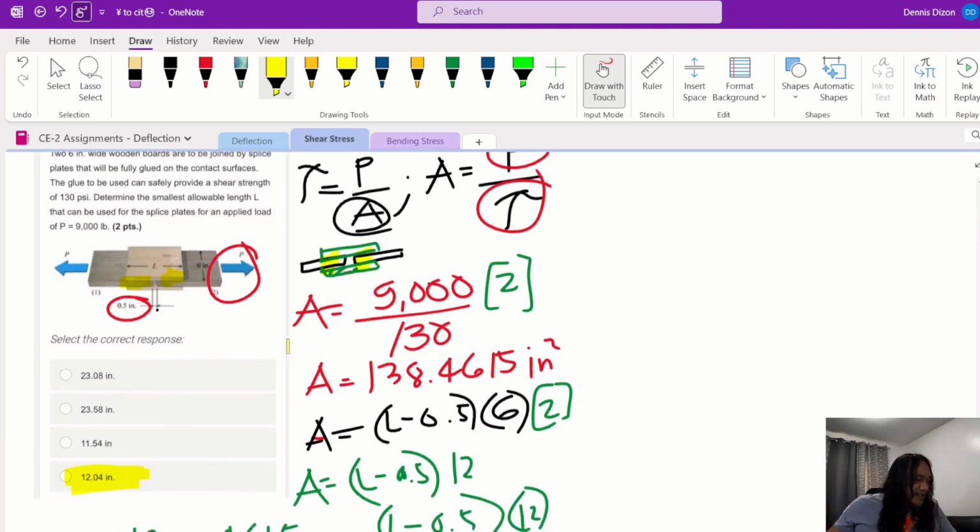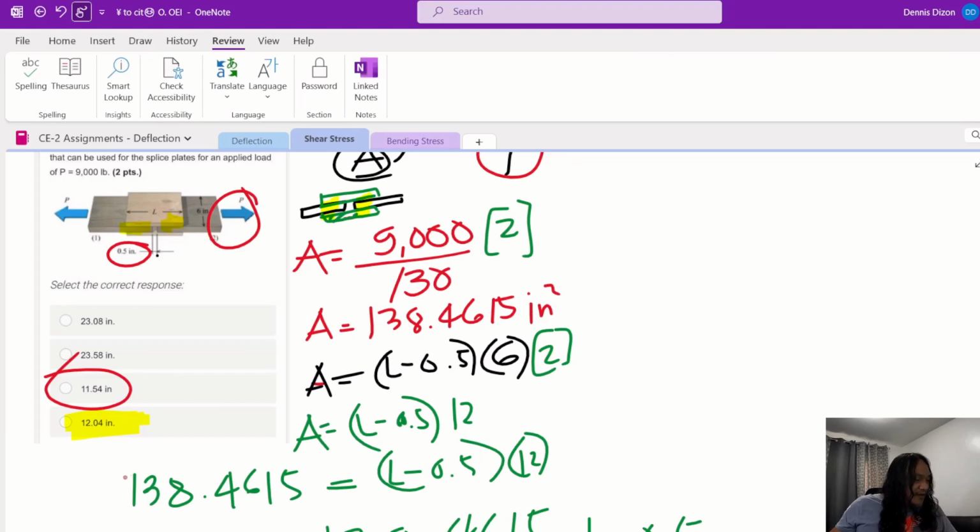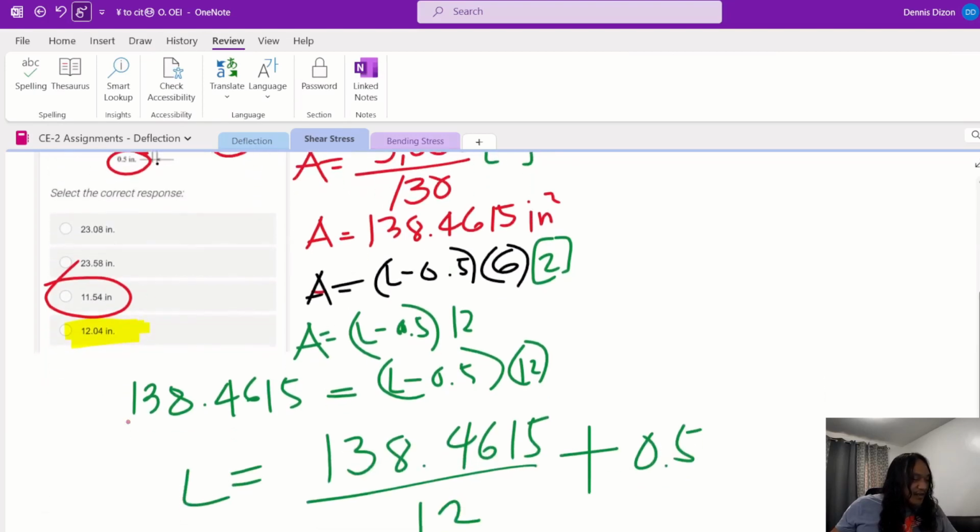Imagine if you don't consider the gap, we have the letter C option here, which is 11.54. If you happen to exclude 0.5, maybe you would say the answer is letter C, because 12.04 minus 0.5 is 11.54. So this is a tricky problem, and you have to be careful about that one.